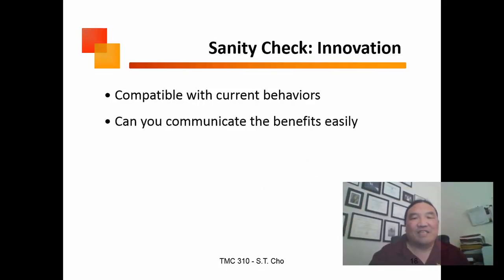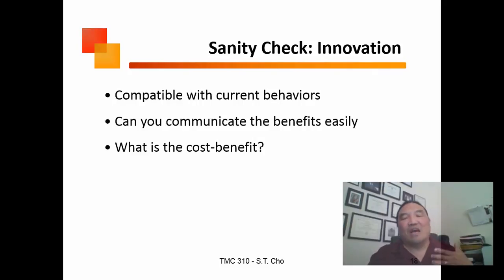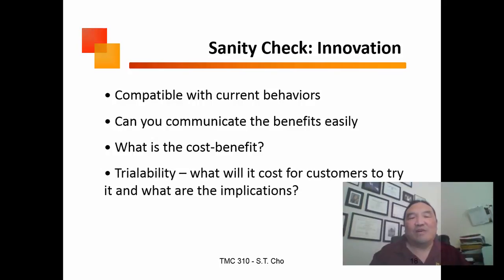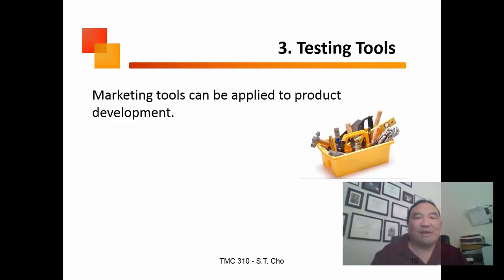If I do a sanity check in thinking about innovation, I have to think about how easily I can communicate my cost benefit of my product, and how much it is going to cost for customers to go ahead and try my product. In terms of testing, what marketing tools can I apply to product development?